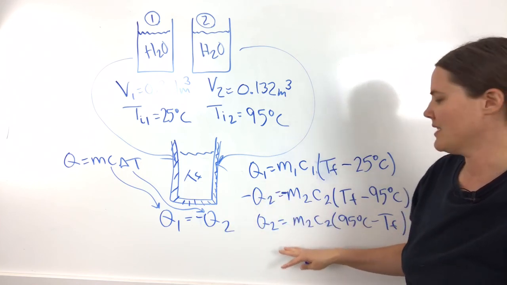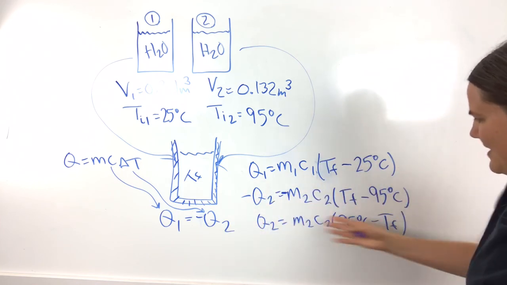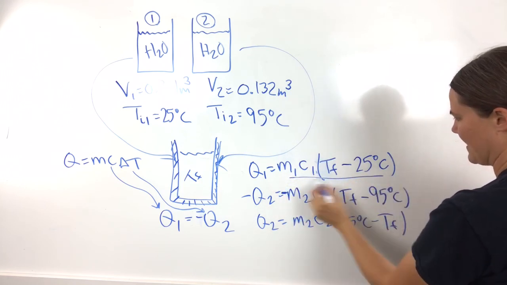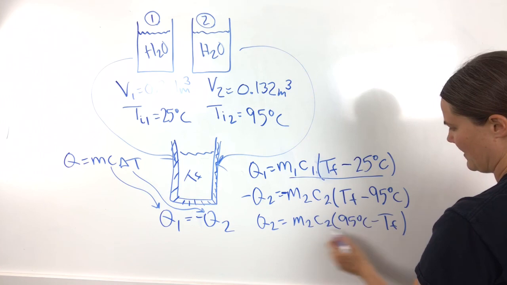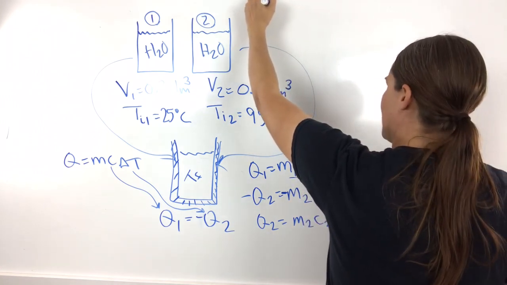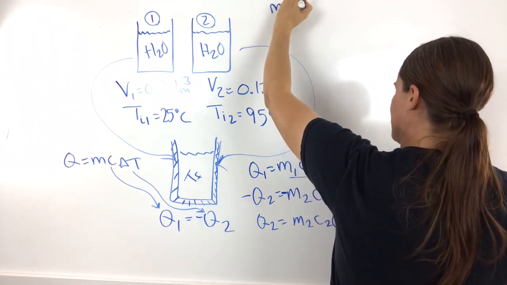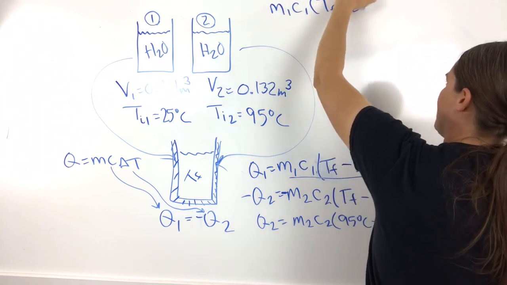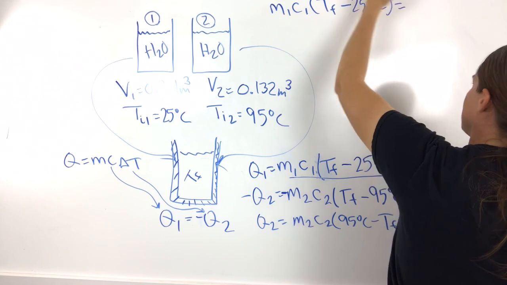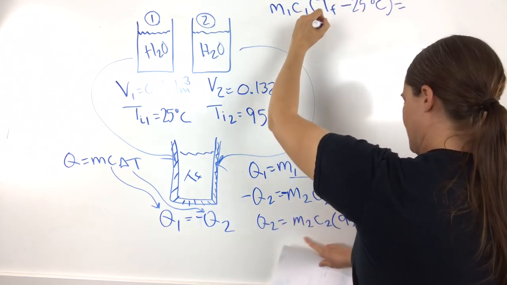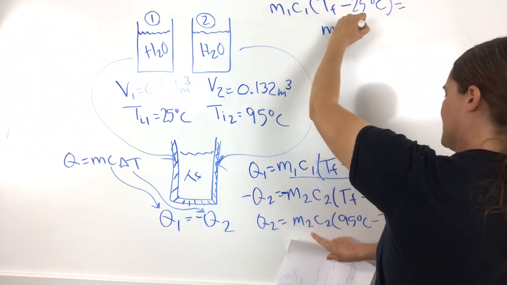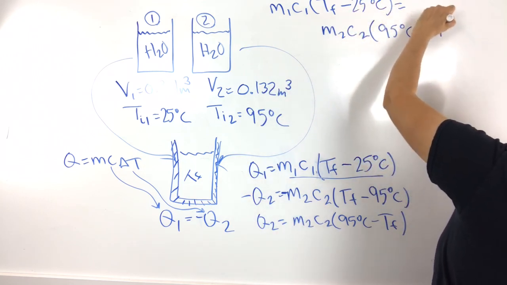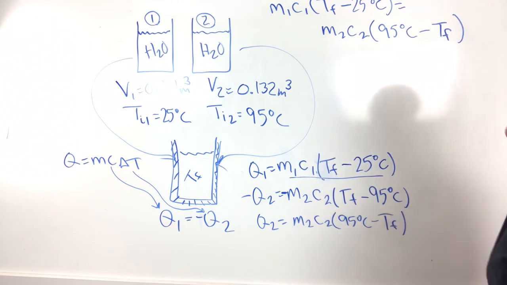So what I want to do now is set this equation equal to this equation. If I do that, I have M1 C1 times temperature final minus 25 degrees Celsius, equal to M2 C2 times 95 degrees Celsius minus temperature final.